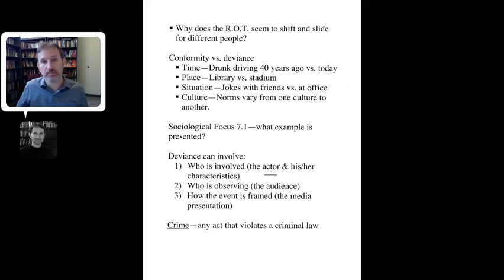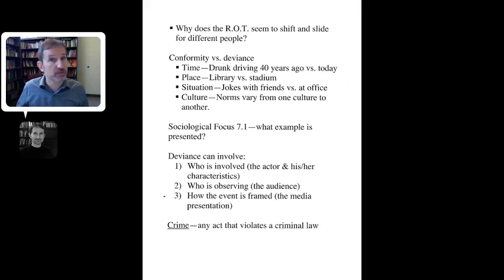So, for example, the race, age, sex of the person involved and their characteristics, what country they're from. You can also say who is observing, right? Are the police observing? Are other members of the community observing who may report this? Is it a friend? For example, all these can play into how a behavior is considered deviant or conformist.